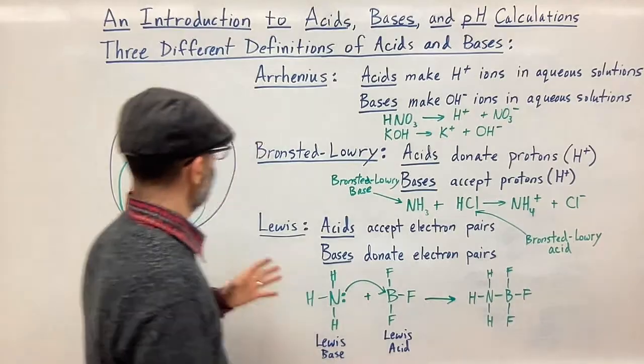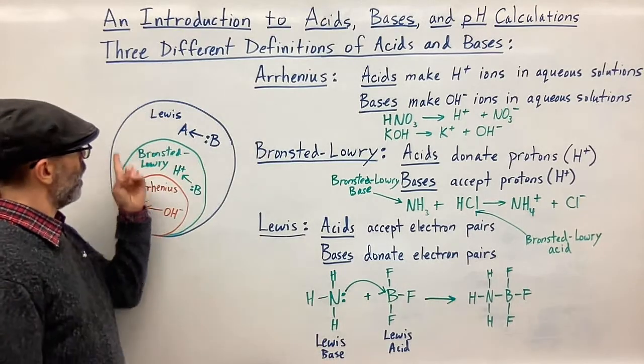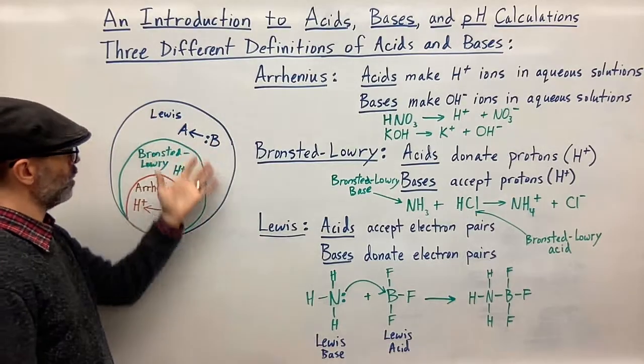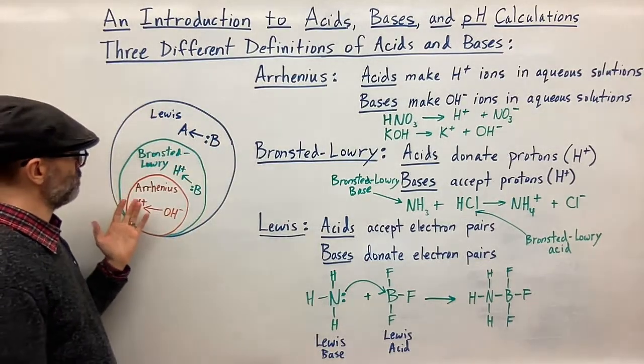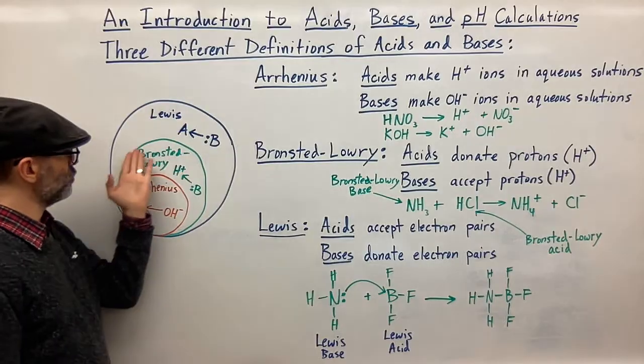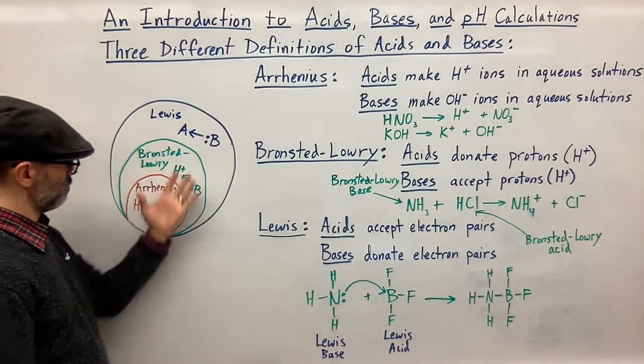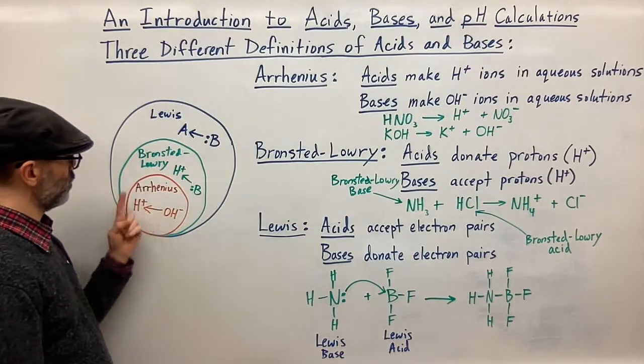So here you can see that the Lewis acid-base definition encompasses more substances as acids and bases compared to the Bronsted-Lowry and Arrhenius. And the Bronsted-Lowry definition encompasses more than the Arrhenius.